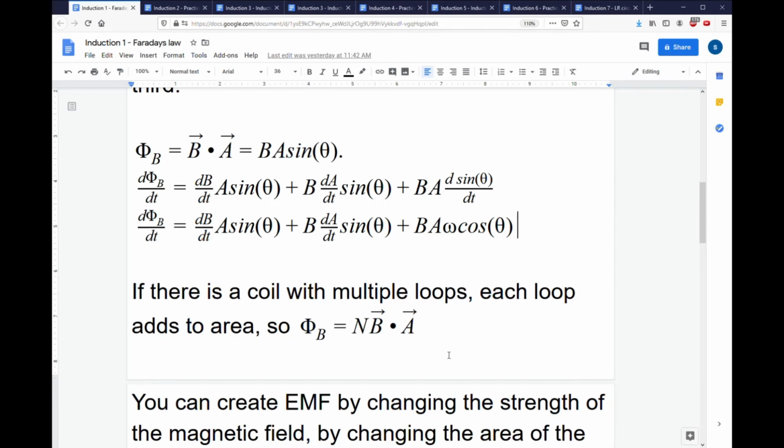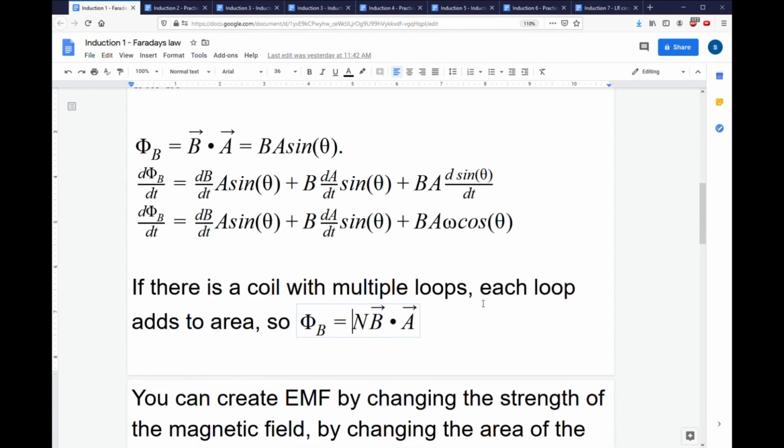Each loop provides a certain amount of electromotive force. So if there are N loops, we increase the electromotive force by a factor of N. Usually the way we account for this is by saying that the flux is actually N times B dot A. And we use this whenever we have a situation where there are multiple loops.